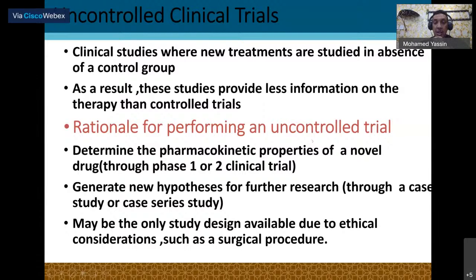Number 1, maybe there is an ethical consideration against doing a randomized controlled trial, or randomizing the patients. A clear example of ethical consideration is a surgical procedure. If somebody on a surgical team is doing a clinical trial on appendectomy, it means the patient is coming with acute appendicitis and has to be taken for appendectomy.